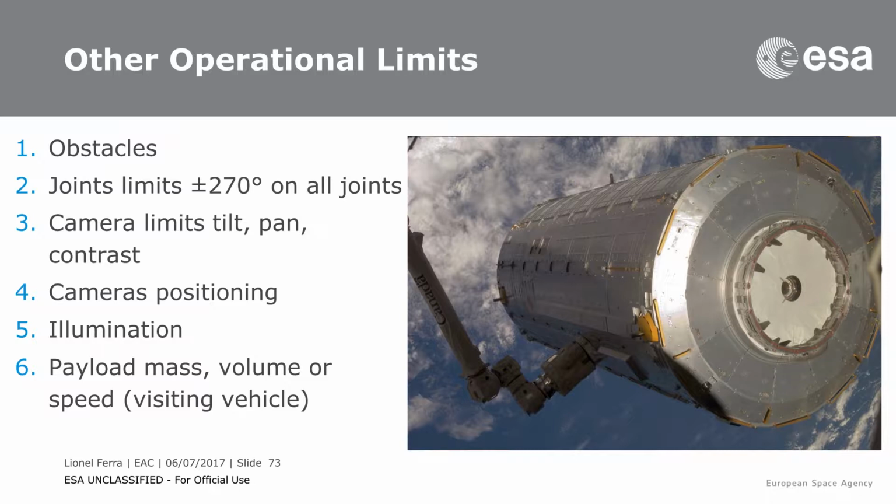And also, another operational limit is when you fly the arm, you have a certain set of cameras. You don't have an infinite number of cameras, and sometimes the camera view is not the best for what you want to do. So it's a limiting factor of where the camera is, how the camera can pan and tilt, and sometimes the camera contrast and quality is not very good, so you don't really see.